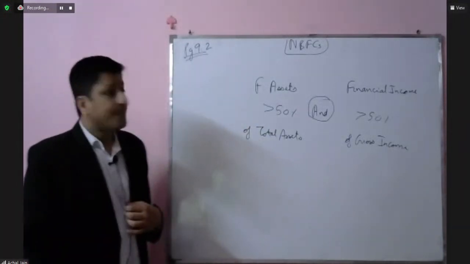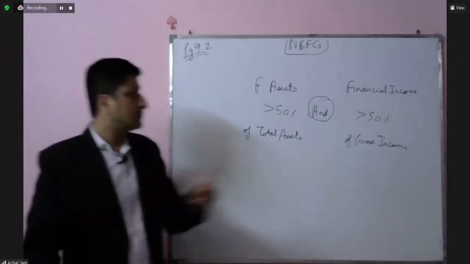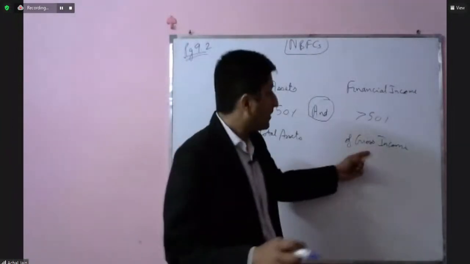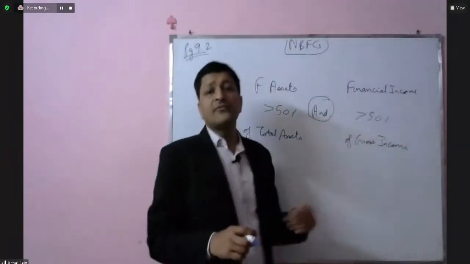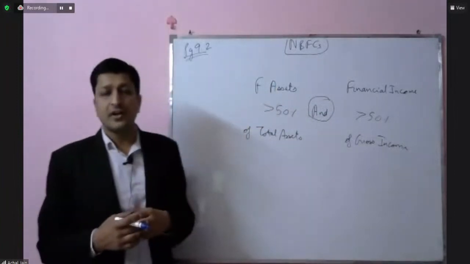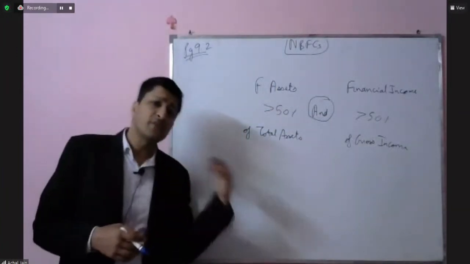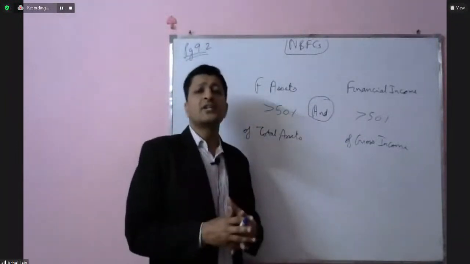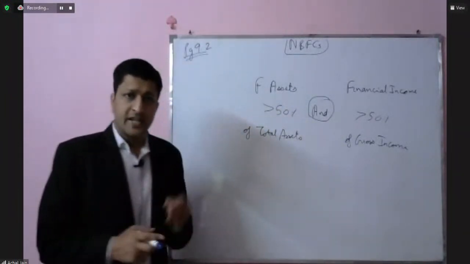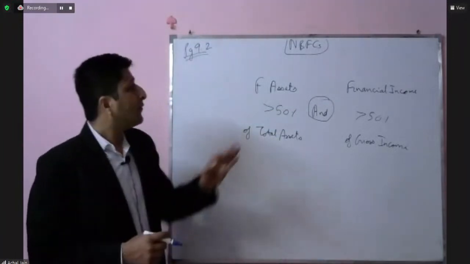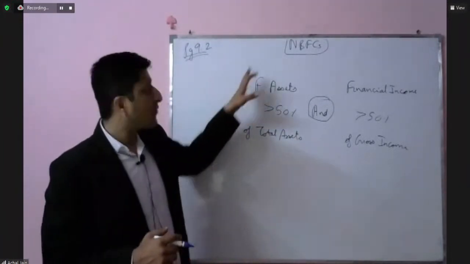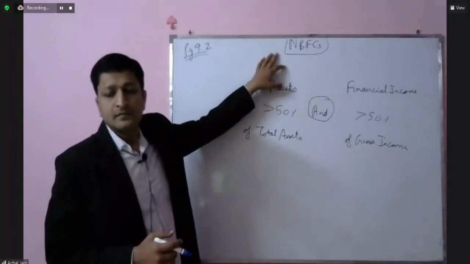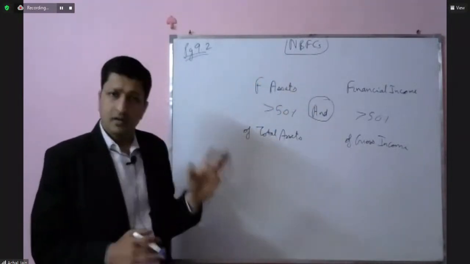And out of the gross income of that entity, more than 50% of the income which is generated, that is financial income, means that is from financial activities. If both these conditions are fulfilled, then such an entity will be in the business of NBFC. Okay, clear on this?